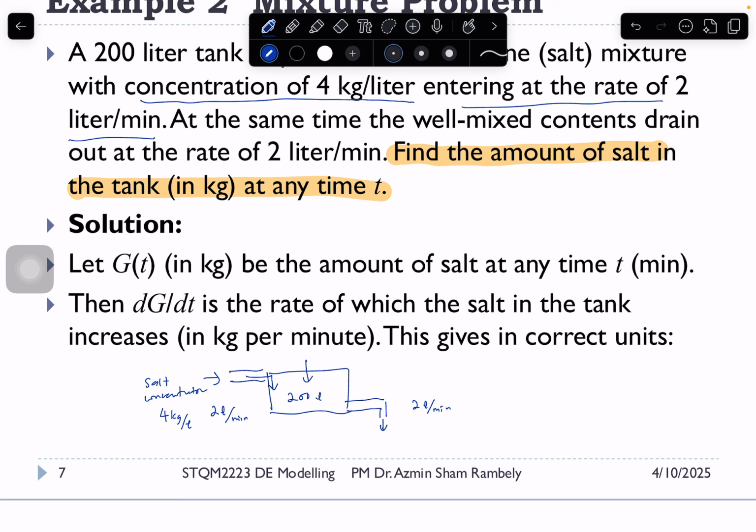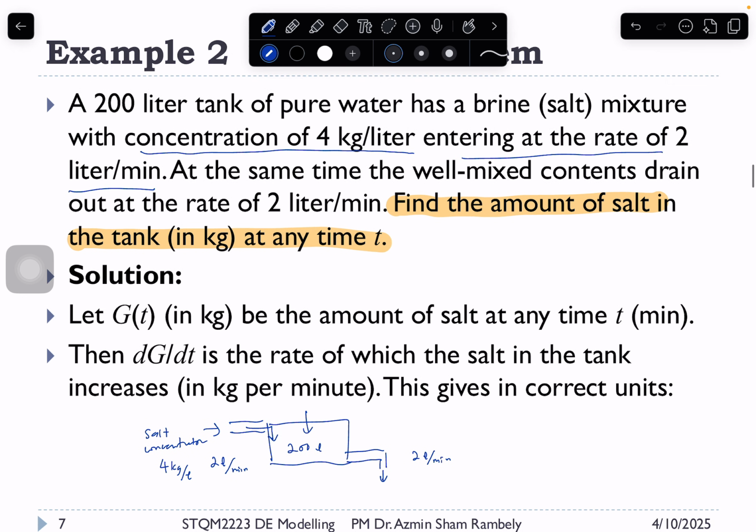Okay, so let's do the same as what we did previously. You name the variables. Since the problem talks about the salt solution going into the tank and well mixed, and then we drain some of the solution. So they are talking about the salt solution.